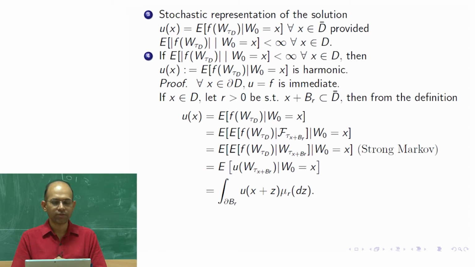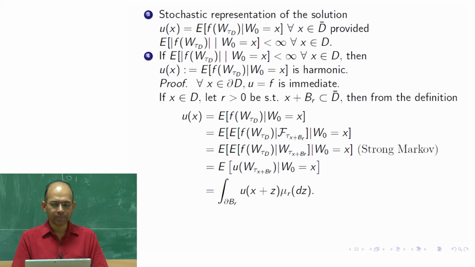Because it is the expectation of f of W tau D given W0 is equal to x. Here this is a random point, but given that it is the random point, you consider that as your present, and that is time 0, and this is again still tau D, because that would be the time to touch the boundary.